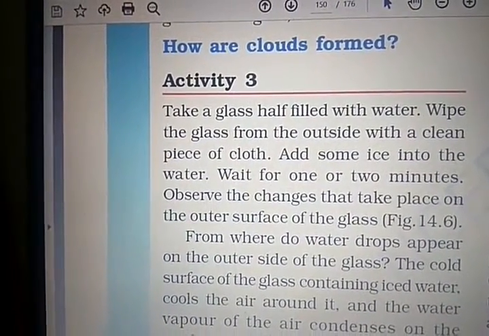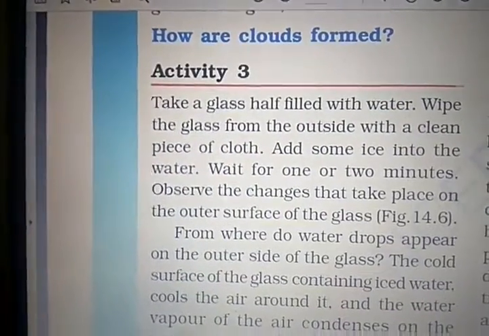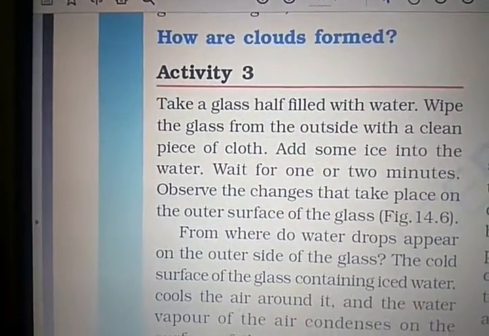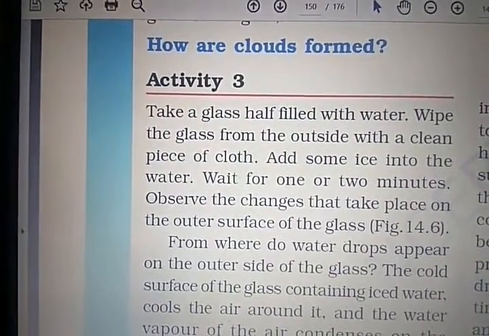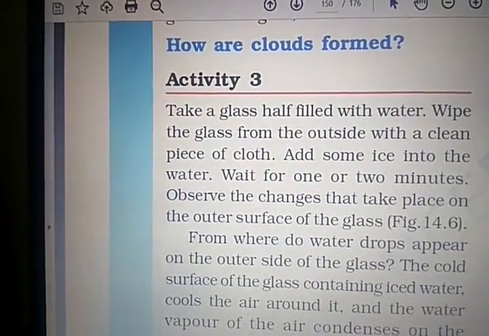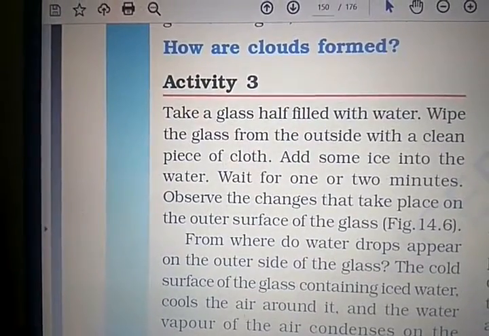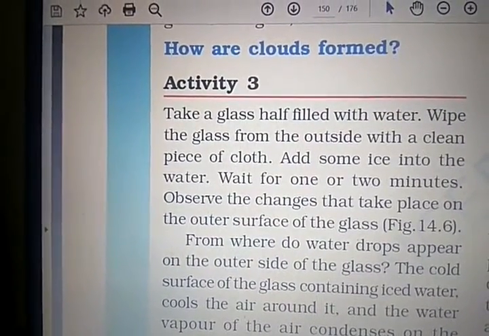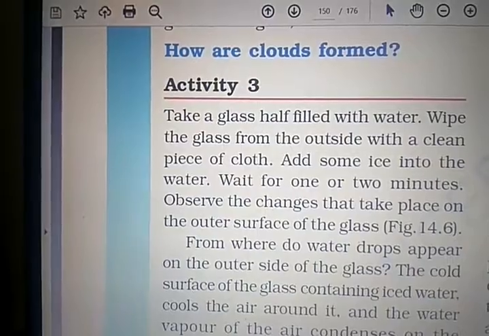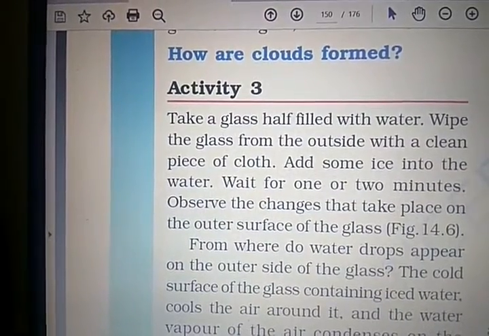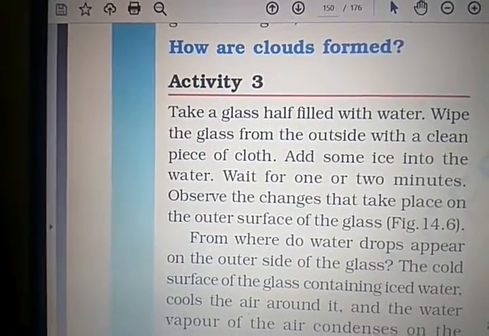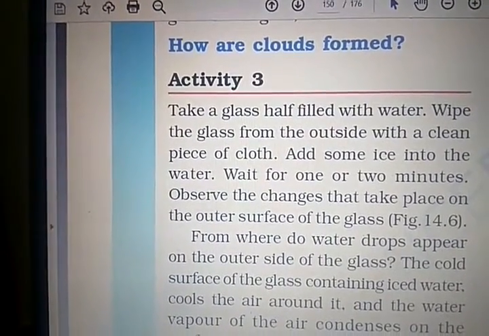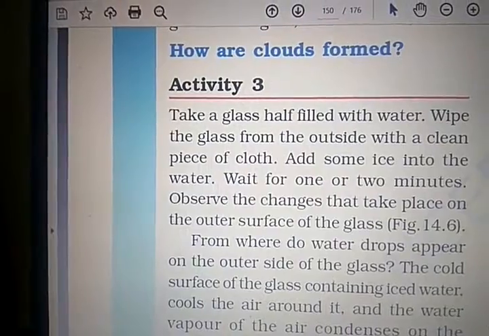While in foreign areas, you can see the rate of transpiration is much slower, right? So we can find different types of plants having varieties in their leaves. In desert areas, the leaf structure of the plant is different than in common areas and then in foreign areas. So it depends on the transpiration rate.